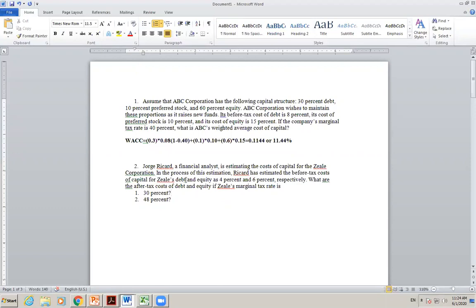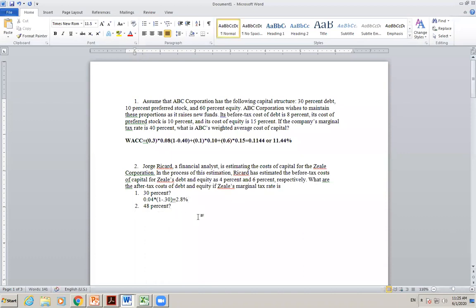Or am I mistaken here? Debt and equity, sorry. Debt is 4% and equity is 6% respectively, okay? So we're adjusting only the debt. Debt is 4%, 0.04 times 1 minus 0.30. This is how we adjust it. And you will come up with an after-tax cost of debt of 2.80%, or 0.028.